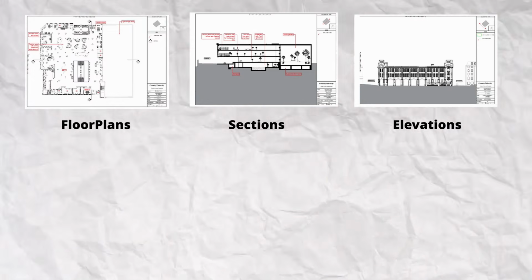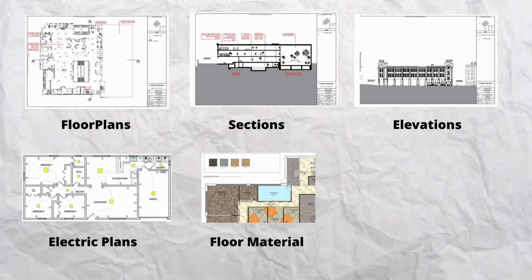Their goal is to connect functionality, emotion, and style with all the building and country safety regulations. Interior designers can do everything interior decorators do, but they also provide the client with floor plans, sections and elevations, electric plans, material finishes, finishing plans, 3D visualization, and some designers even create their own furniture.